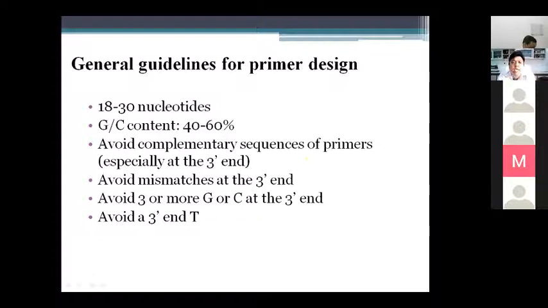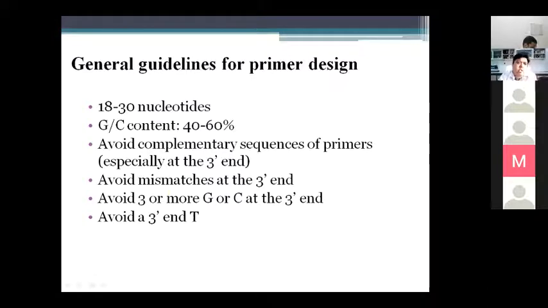So before designing a primer, you must know some basic things about primer designing. For primer designing, we select a sequence between 18 to 30 nucleotides, and it comes under the target sequence.